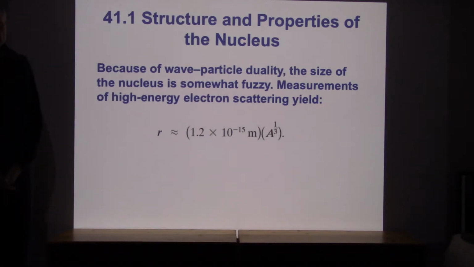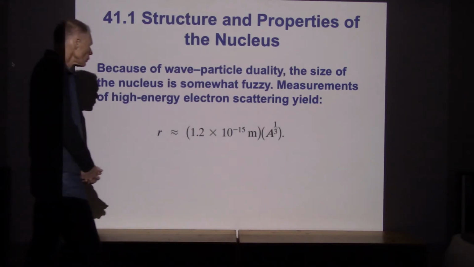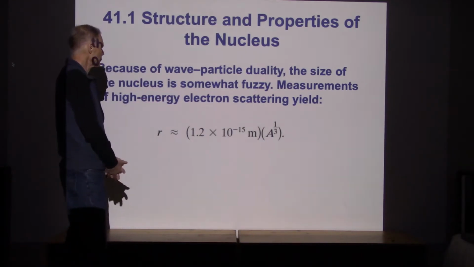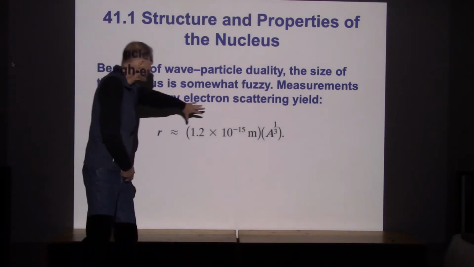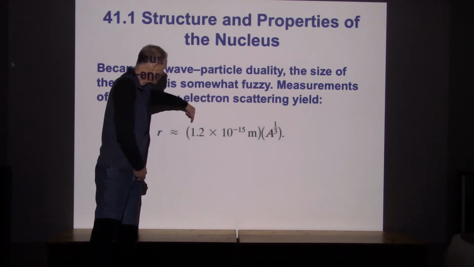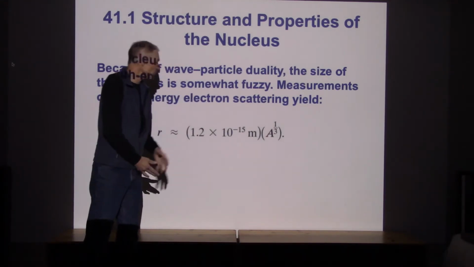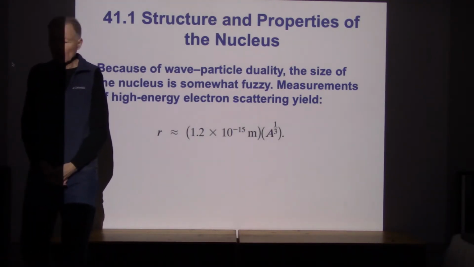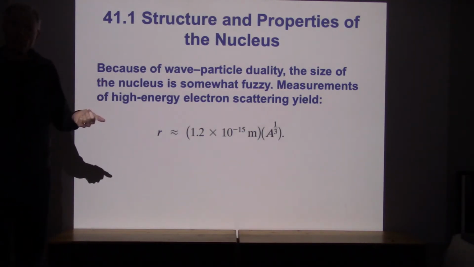To a good approximation, we can model all of the nuclei through the periodic table as having a radius of 1.2 times 10 to the minus 15 meters times A to the one-third power.